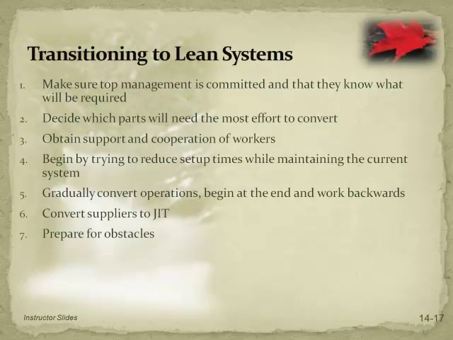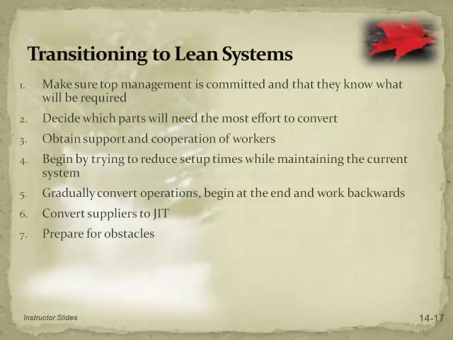If you certainly don't have the commitment from top management, you're going to have a very difficult time doing this. Implementing lean works best whenever we choose those types of parts and products that are easier to work with. And we'll talk about some of those things.